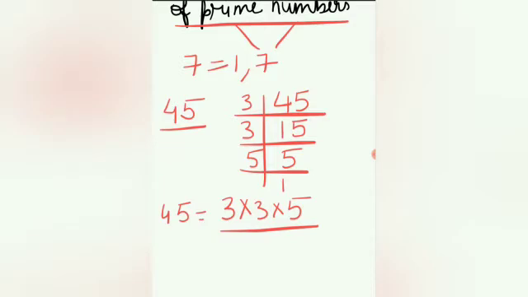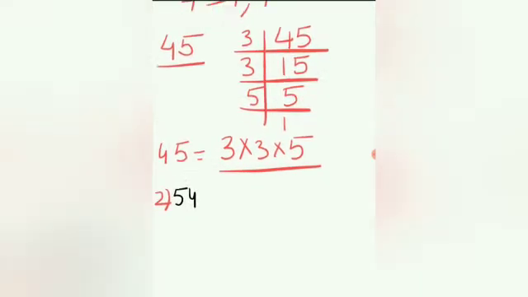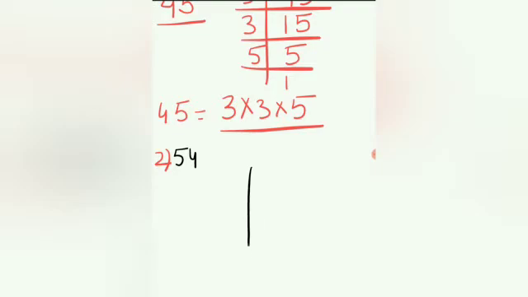Let's take one more example, the second example, 54. Now you know the first step: you have to draw a line this way, and here we will write 54, and we will start. You know the divisibility test, we look at the unit place, it is even, so we start with 2. 2 twos are 4 and 2 sevens are 14.